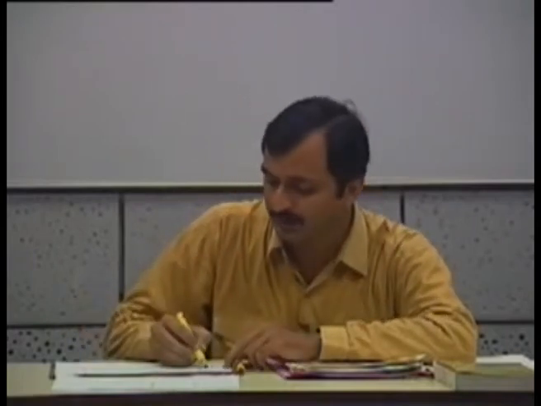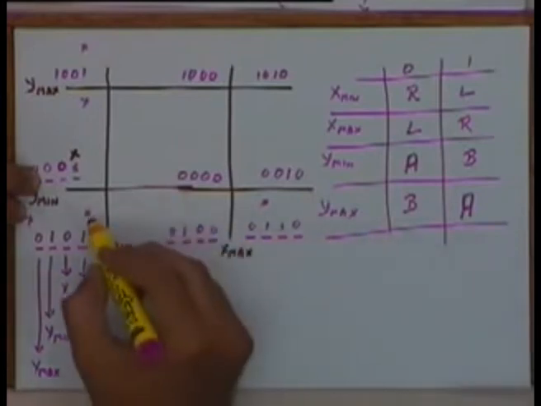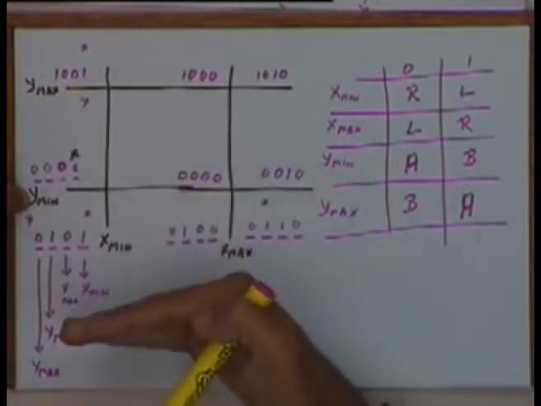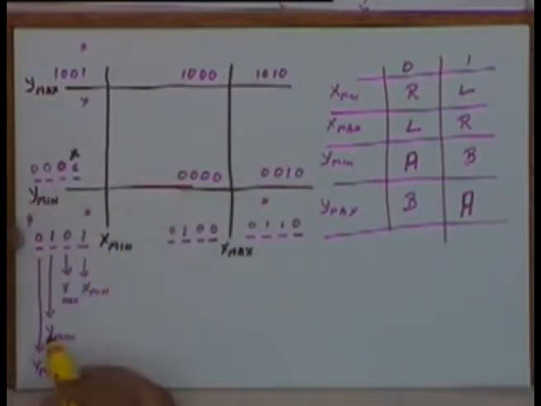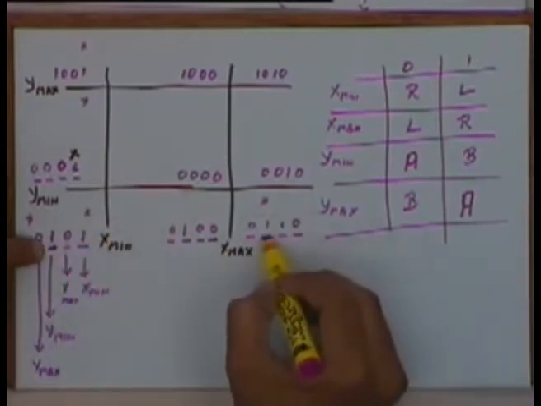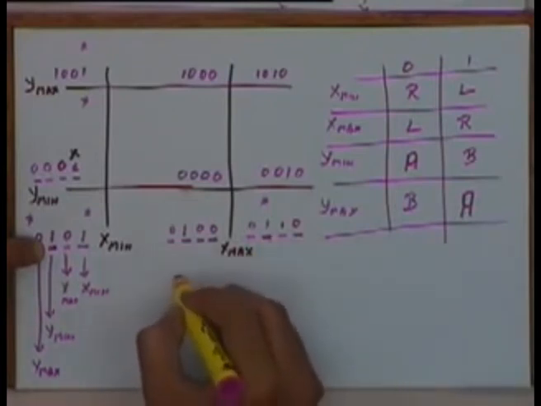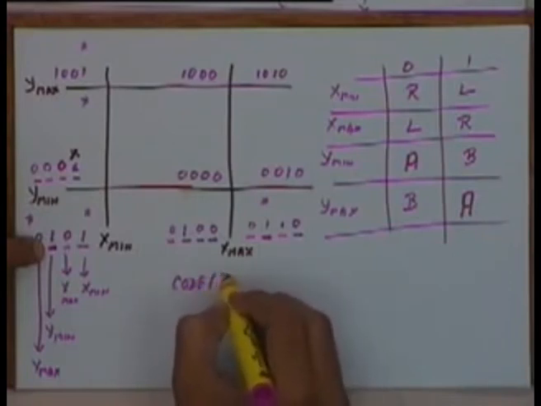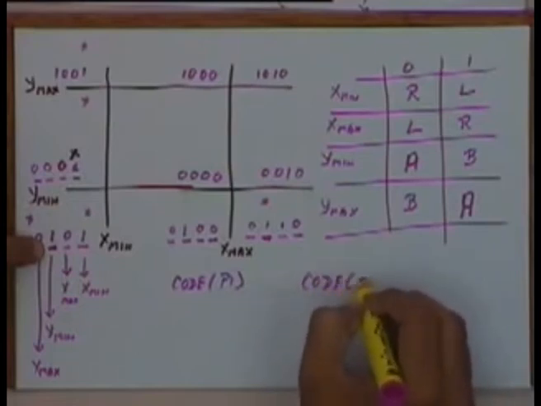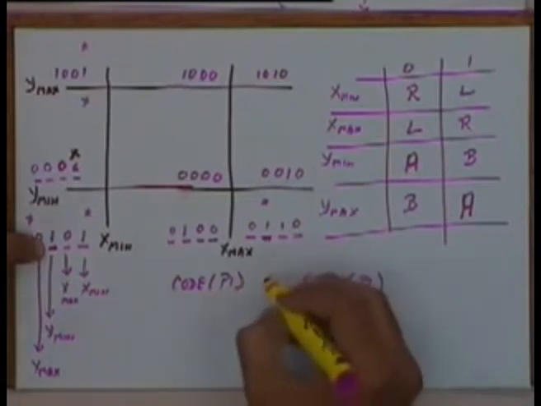If I take a point here and a point here, with respect to y-min, both the points are lying below. So this third bit here and the third bit here, both will be 1. So if I take the code for point 1 and the code for point 2, I take the intersection of these codes.